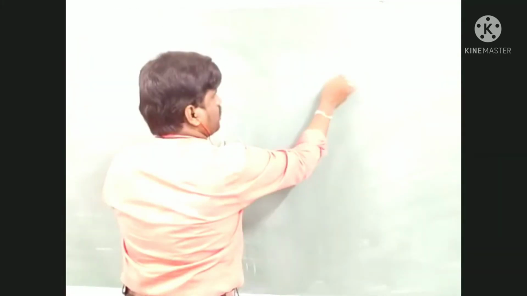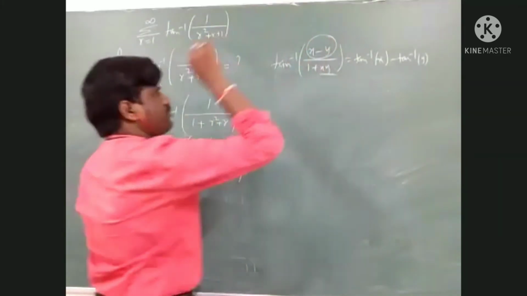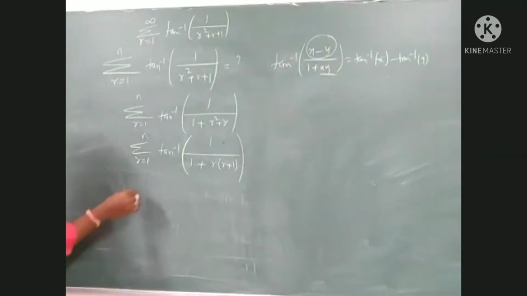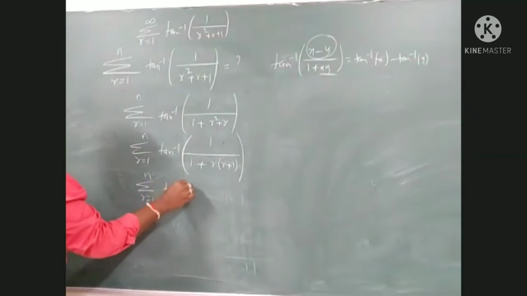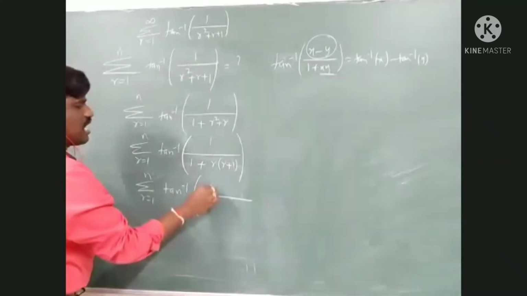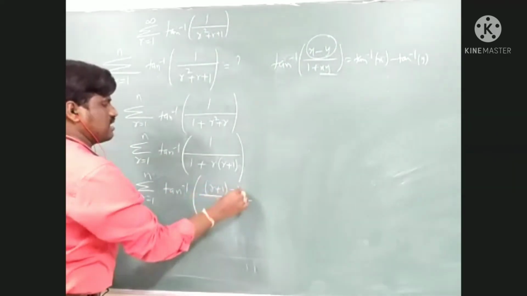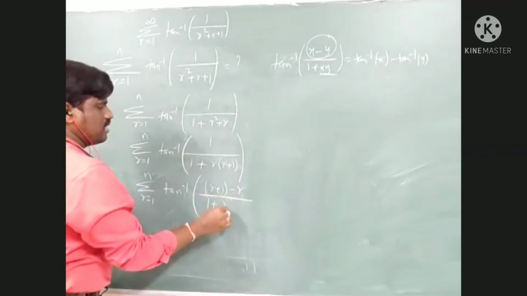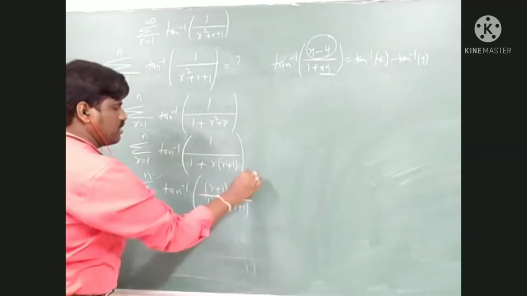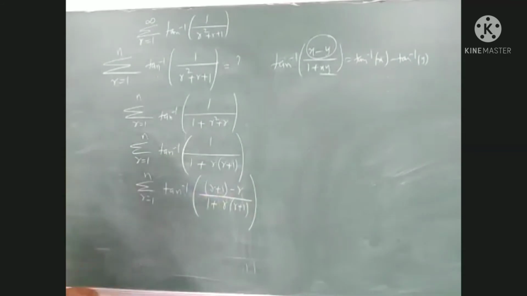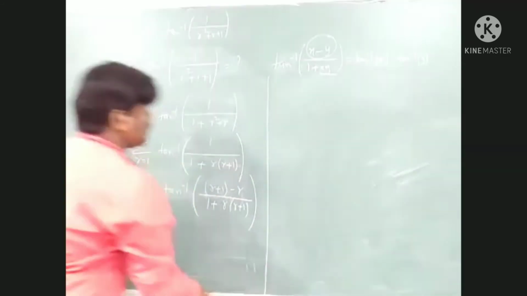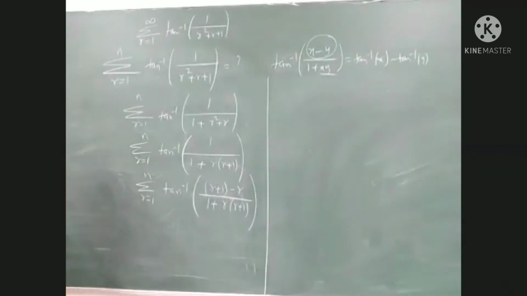So the numerator should be a difference. I can write sigma r is equal to 1 to n of tan inverse of (r plus 1 minus r) upon (1 plus r into r plus 1). This is a simple question, but it is important, a previously asked JEE question.